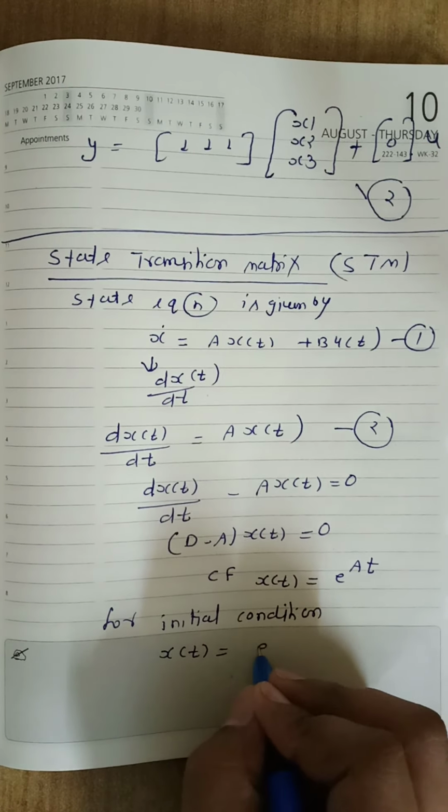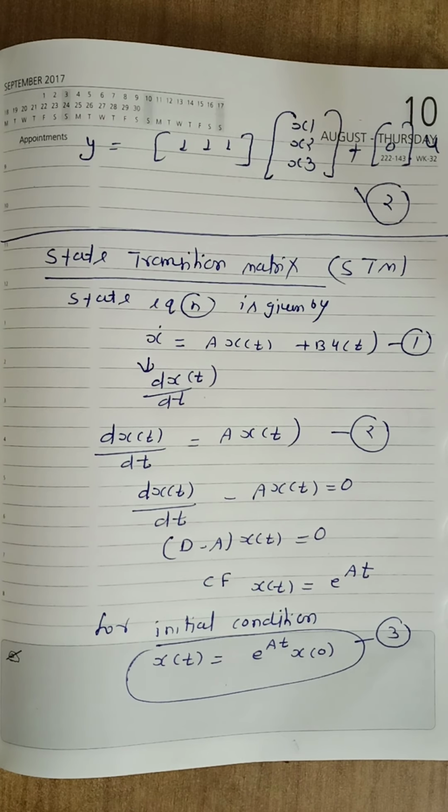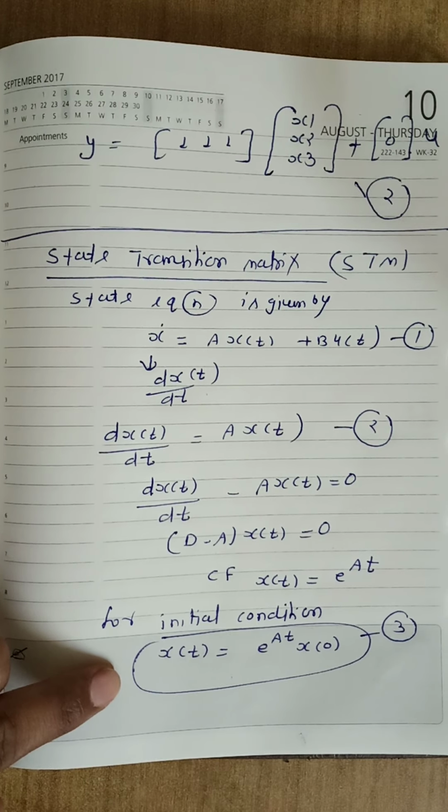Suppose this is my third equation. So the state transition matrix is defined as the matrix that satisfies the linear homogeneous state equation second. And the solution for the second equation is given by x of t equal to e to the power At x of 0.